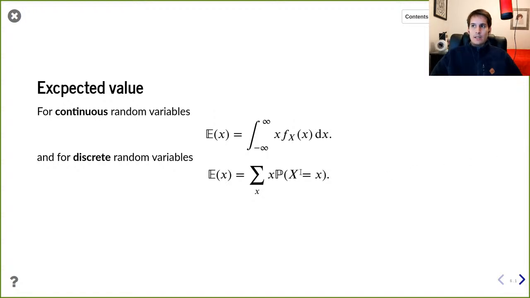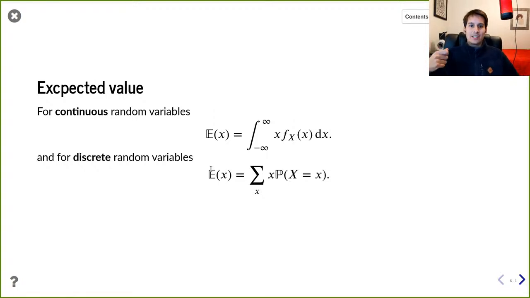Yes. Here I'm calculating the expected value of the random variable, but you can also define another random variable, for example y, that is equal to a function of the random variable x.